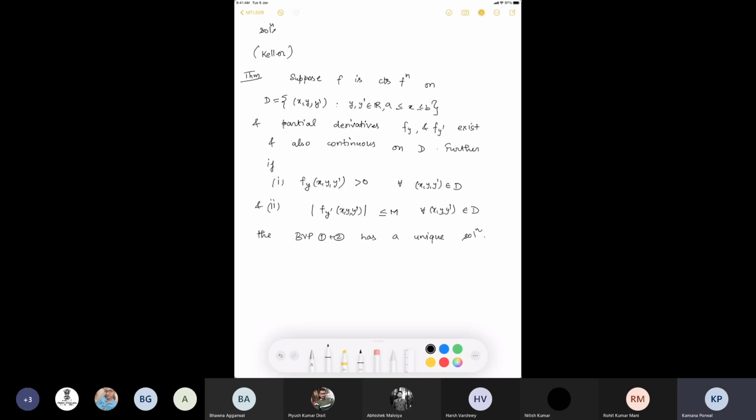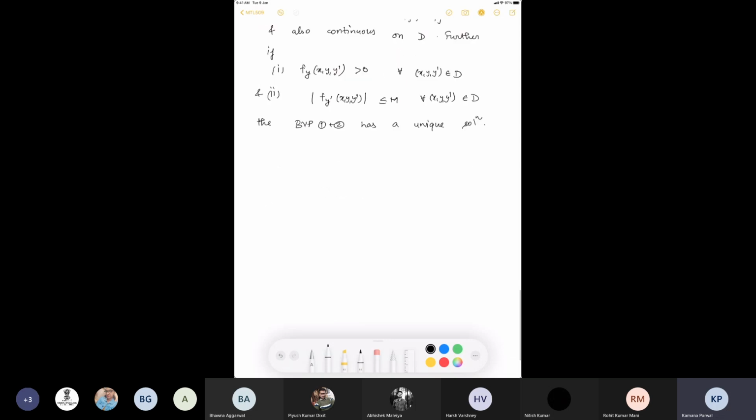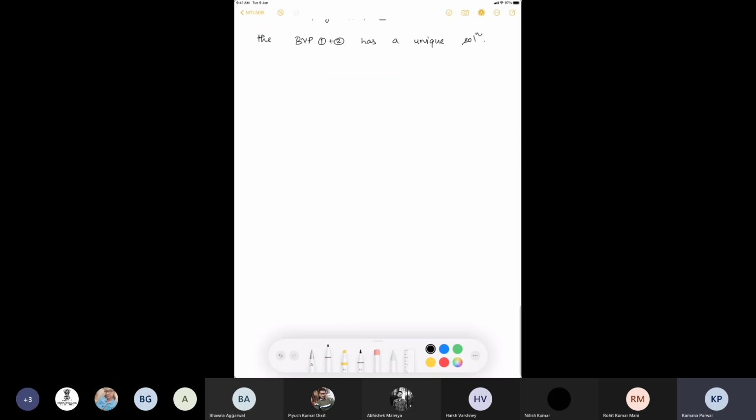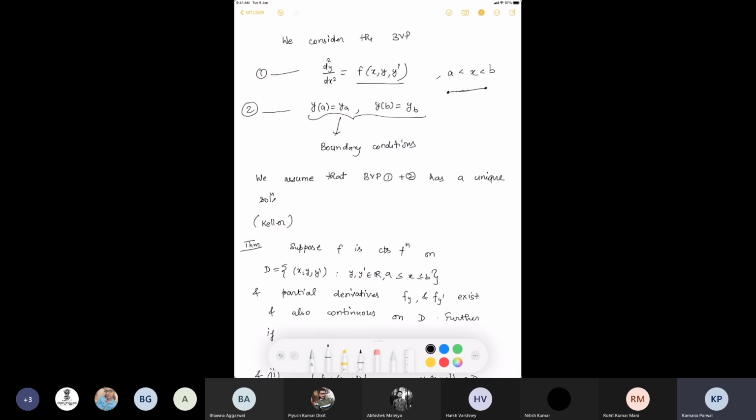I'm not going to go into the details of the proof. You can check the books on the theory of ODEs. What we are interested in is the numerical method. We have the exact solution of this differential equation, which is y, and we want to find its approximate solution.